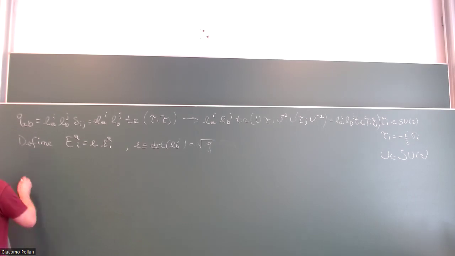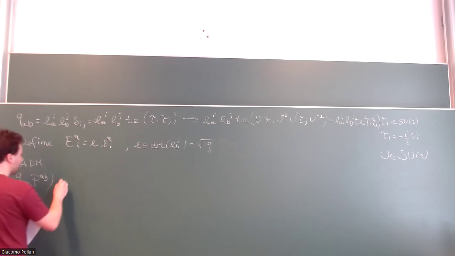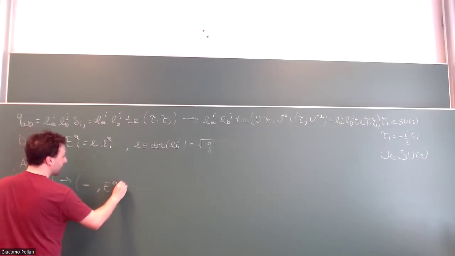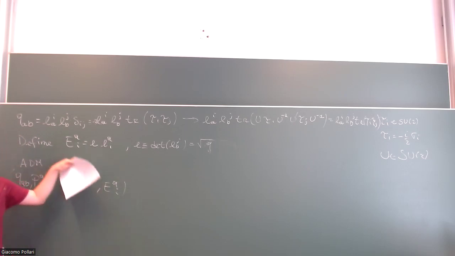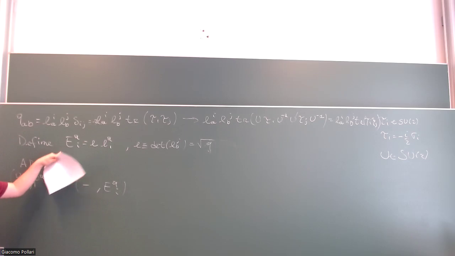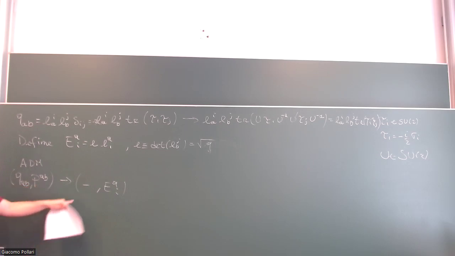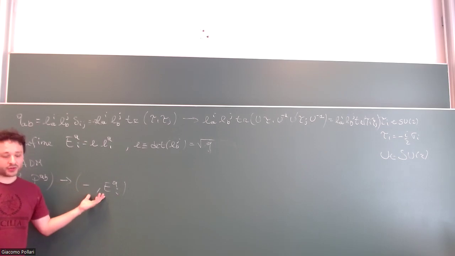So we started from the ADM variables q_ab and P^ab, where P is the momentum with respect to q, and we are moving to some object here, E^a_i, because this E will not be the coordinate, but will be the momentum with respect to something else, because it is of weight 1, likewise P. So we want to define the coordinate on the phase space in such a way that we have this structure.